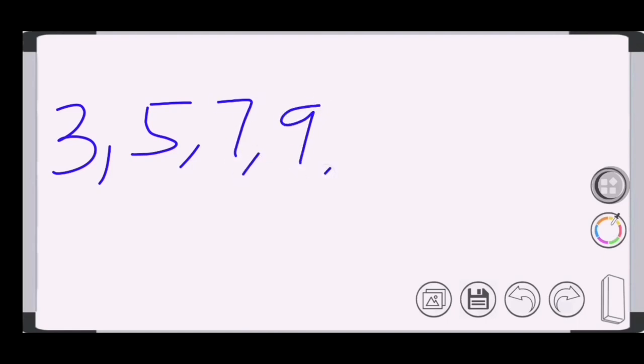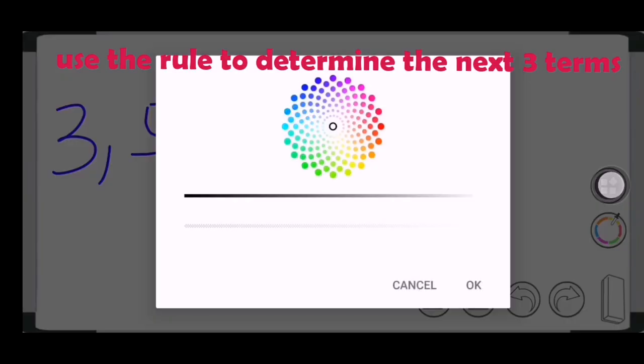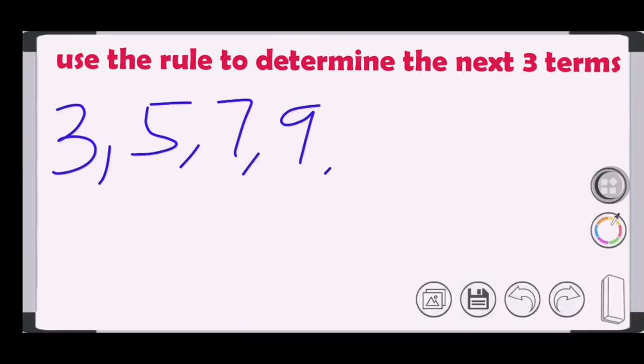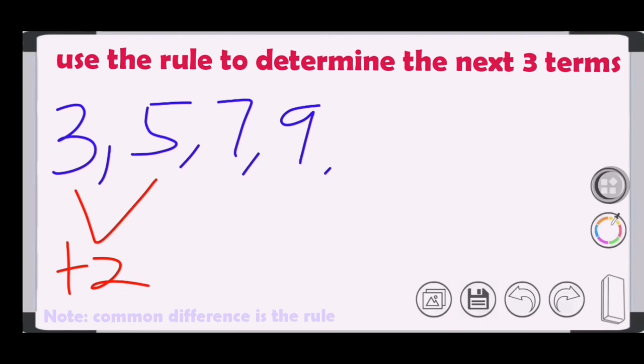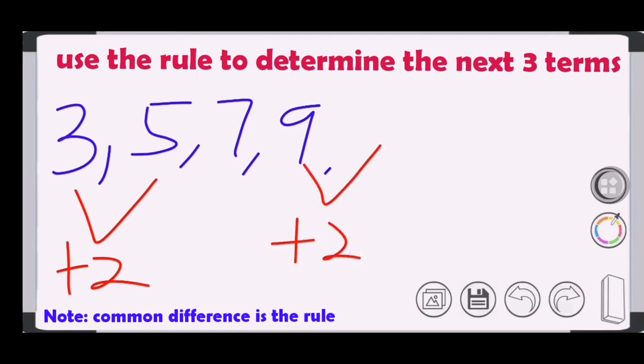So the next thing to identify is our 3 terms. Now that we know that our common difference is plus 2, our next 3 terms should be easy. We are still going to add 2. So 9 plus 2 will be 11. It said 3 terms.